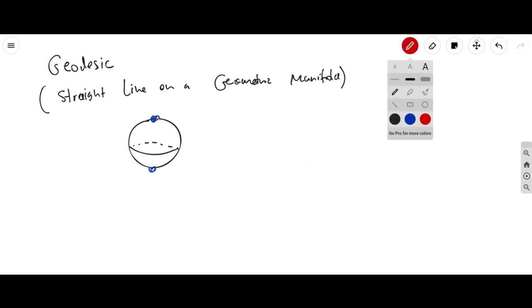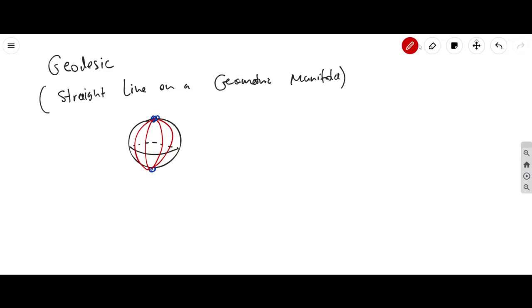Well, you're going to travel along great circles, but there's actually infinitely many paths you can take. So we're used to the fact that between any 2 points in the plane, there's a unique line segment that connects them, and that happens to be the shortest distance between 2 points. But on a geometric manifold, like on a more complicated manifold, that's not necessarily true anymore.